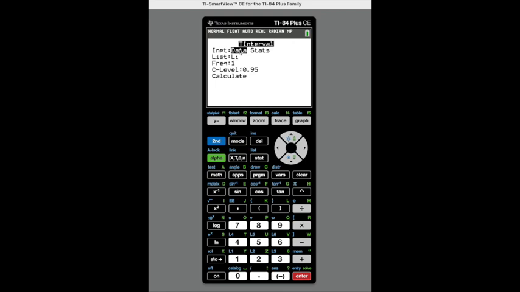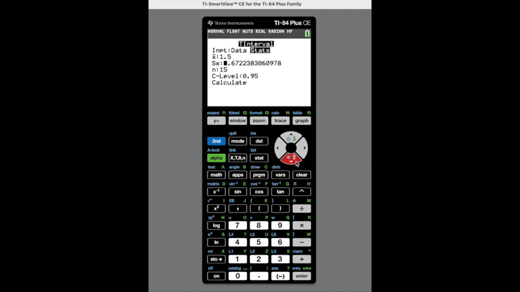Because we have the statistics given to us in the problem, rather than the data, I'm going to scroll over and make sure that Stats is highlighted. I'm going to hit enter, and then I can just enter that information. Under the x bar, I'm going to put 1.5 because that's my sample mean.